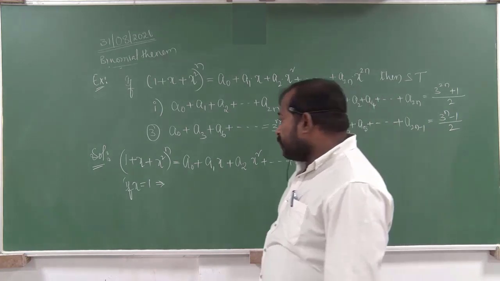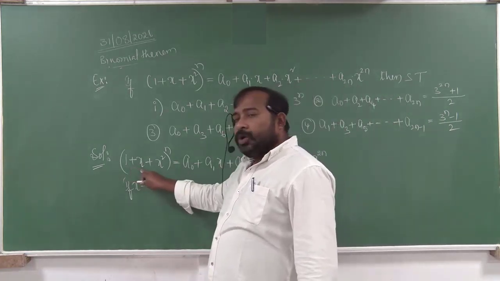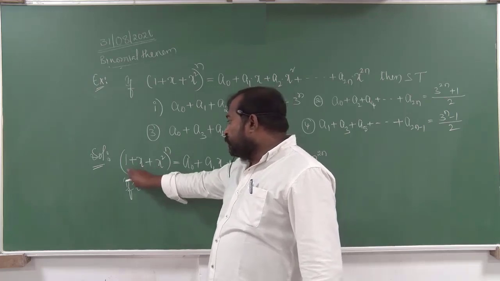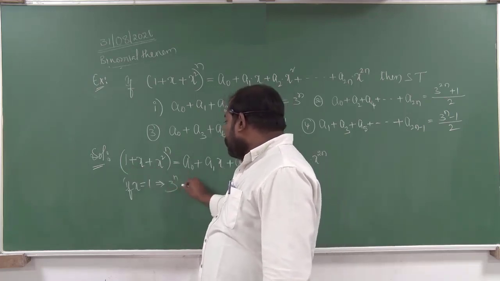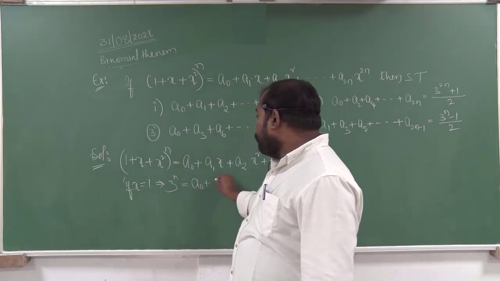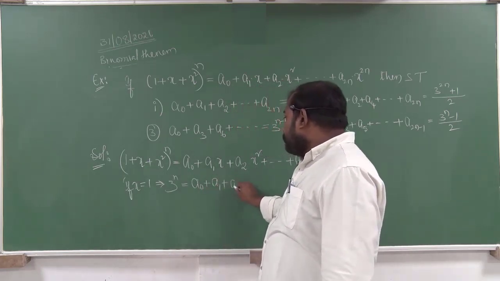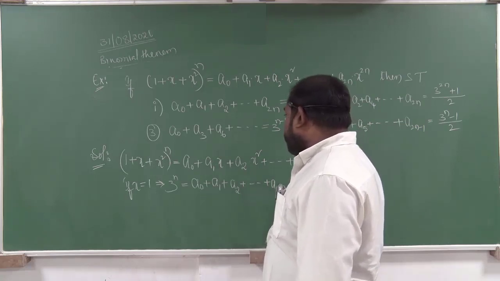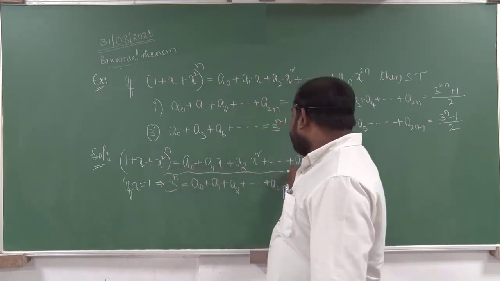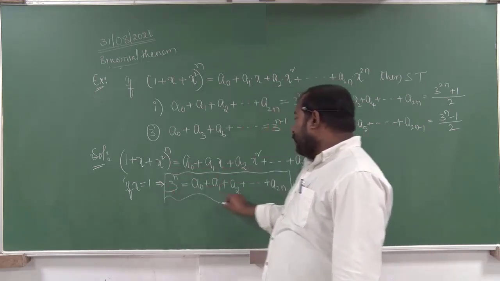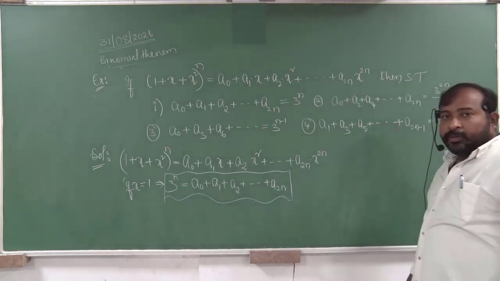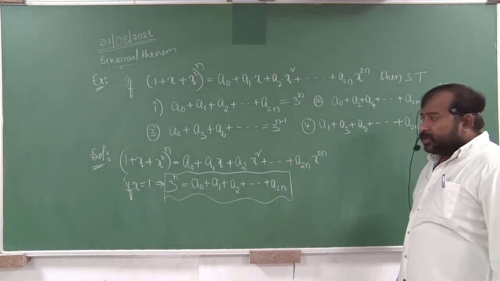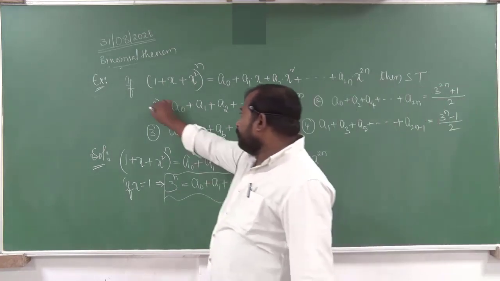Tell me what you will get here. 1 plus 1 square means 1 only. So 1 plus 1, that is 3 power n, is equal to a0 plus a1 plus a2 plus so on plus a2n. So this is the first result. Directly replacing x equal to 1 in the given expression, I get that value. Okay, so the first one is completed.